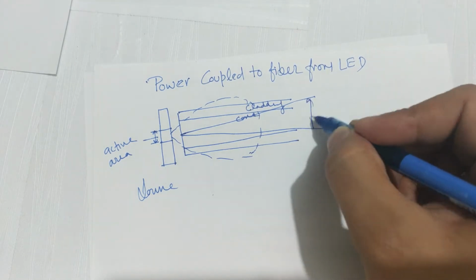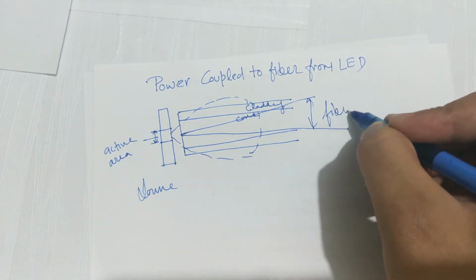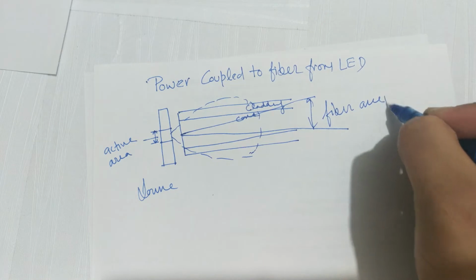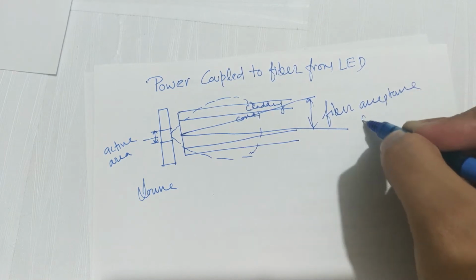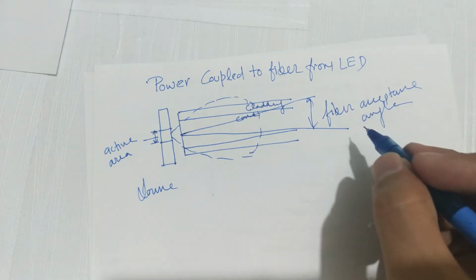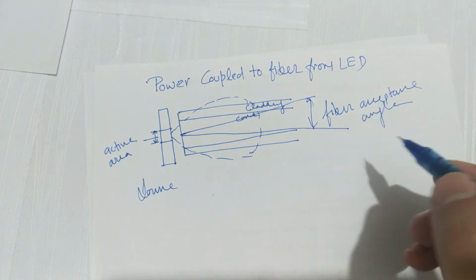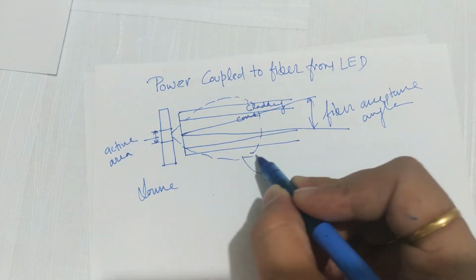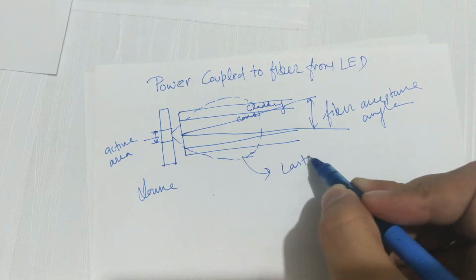This is the fiber acceptance angle, the angle in which the fiber is going to accept the light.